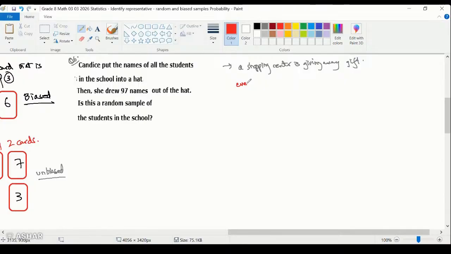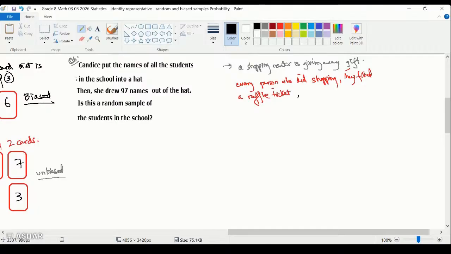Every person who did shopping there filled a raffle ticket, right?